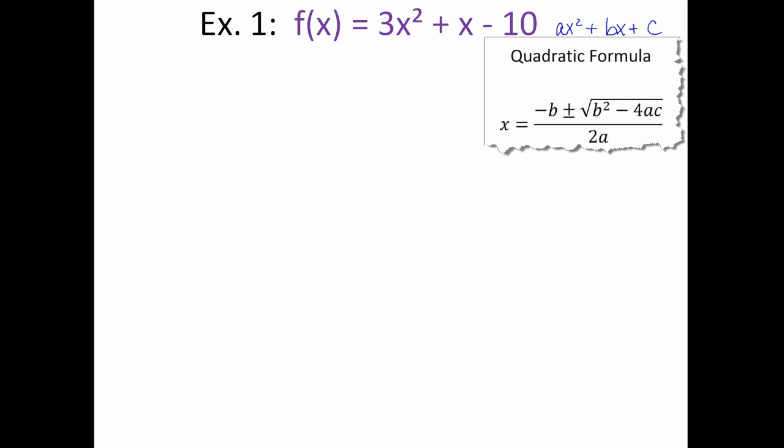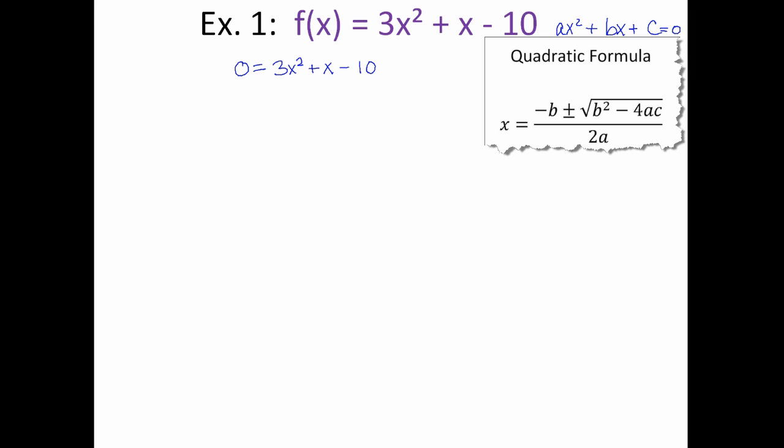That means that all of your values that contain an x and your value without an x are all on the same side of an equal sign, and you have it set equal to 0, which was our first step in solving these anyway. So let's take this and set it equal to 0. And then we're ready to go.